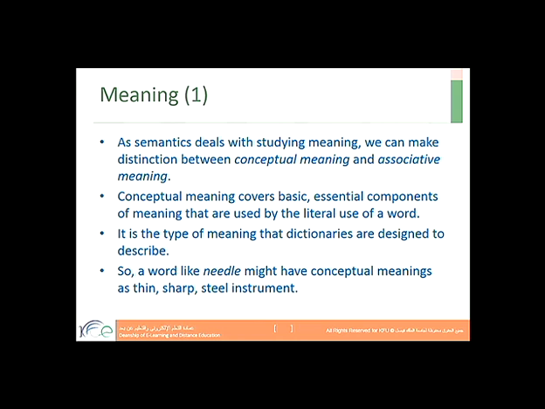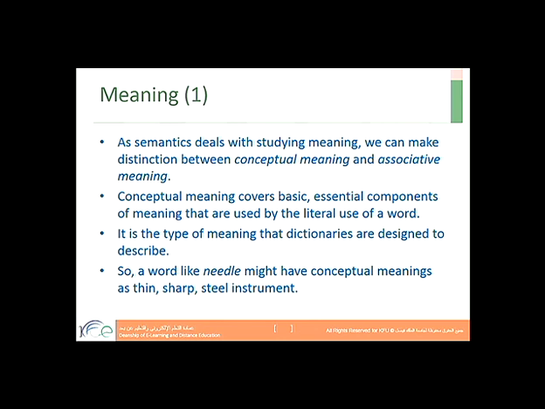It's the type of meaning that dictionaries are designed to describe. So a word like needle, for example, which is a very sharp tool, might have conceptual meanings as thin, sharp, steel instrument. So we can give it a description. We call these conceptual meanings.